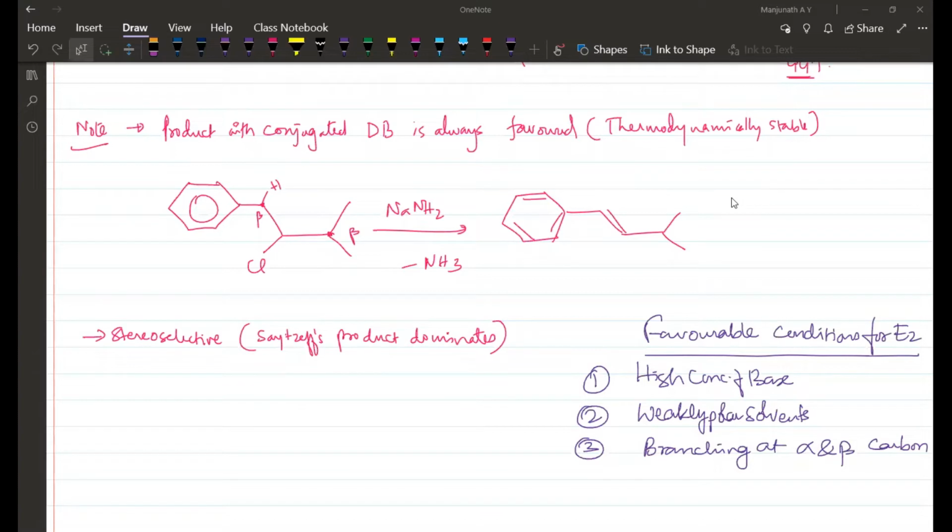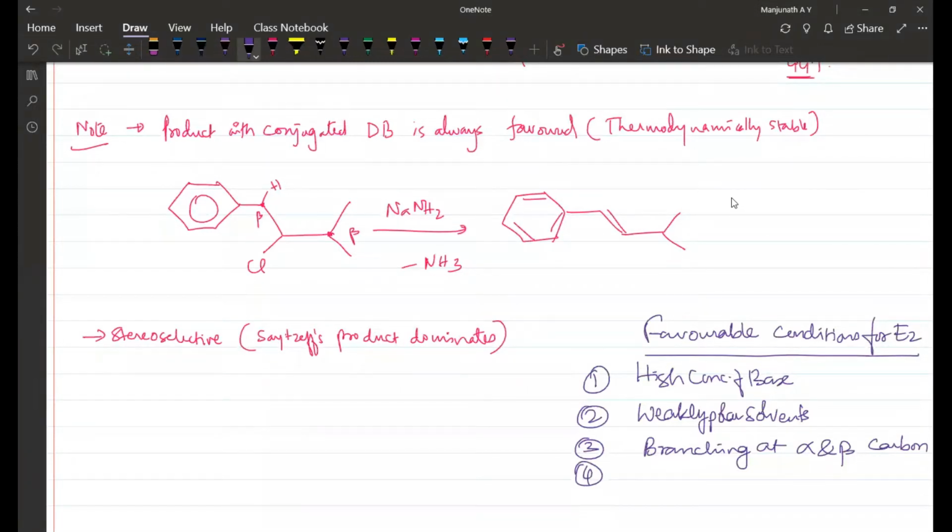So they actually reduce the basic strength of the base you are using. To avoid both, we use aprotic solvents only. So protic solvents do not favor this elimination, that is E2, as well as SN2. You should know this.